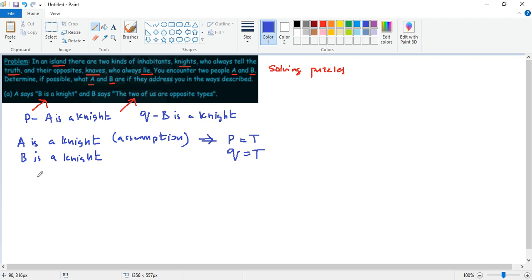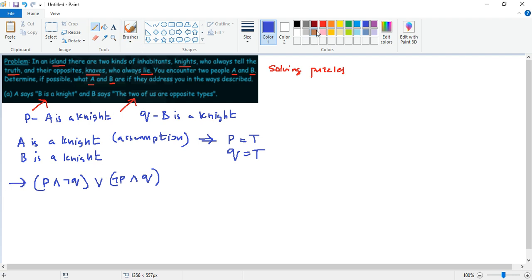We can represent that using a propositional statement like this: P, which means A is a knight, and B should not be a knight according to B, so it should be not Q, or it will be the case that A is a knave, which means not P, and Q is a knight, right? So this is what B says.